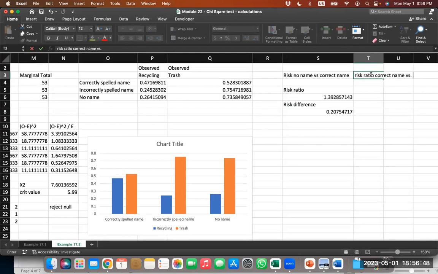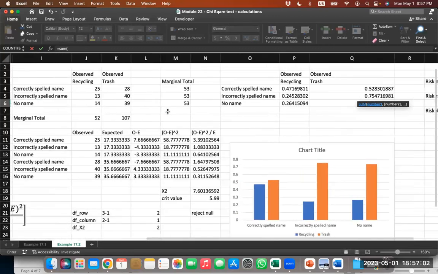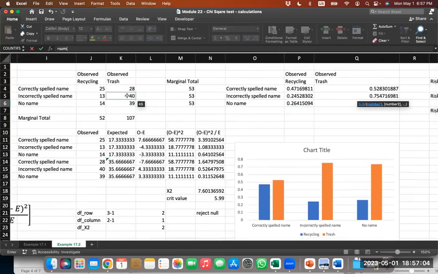versus incorrect or no name, then you would basically calculate your risk ratio as equals the sum of the respective groups here.